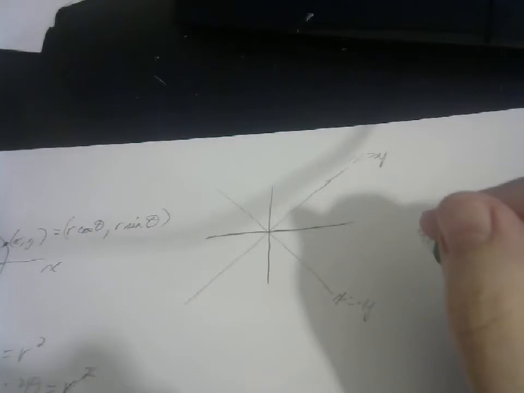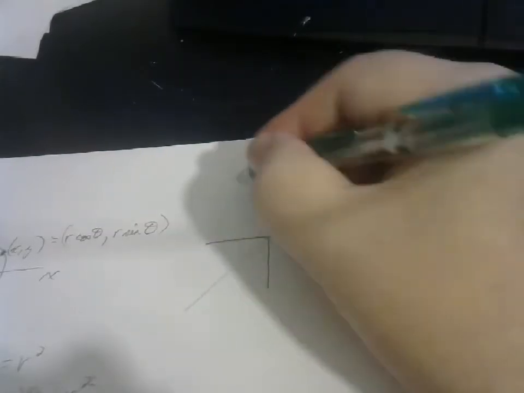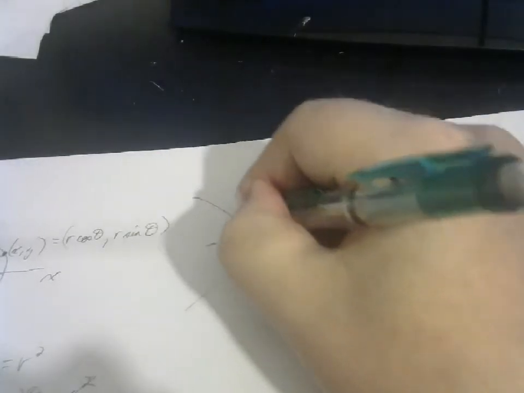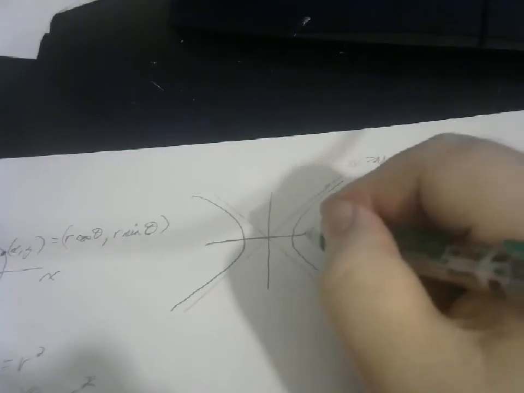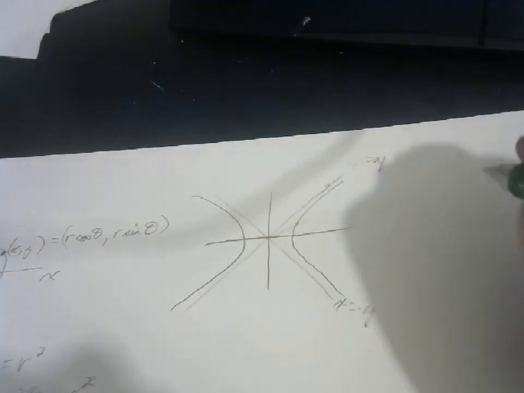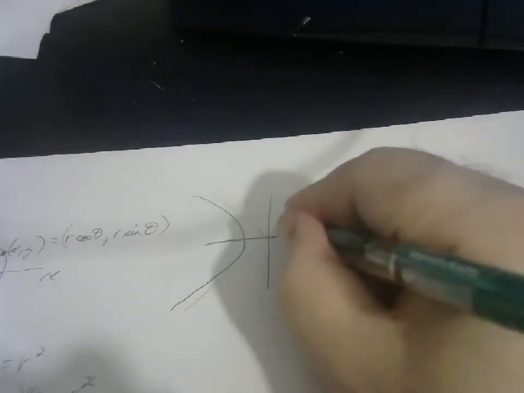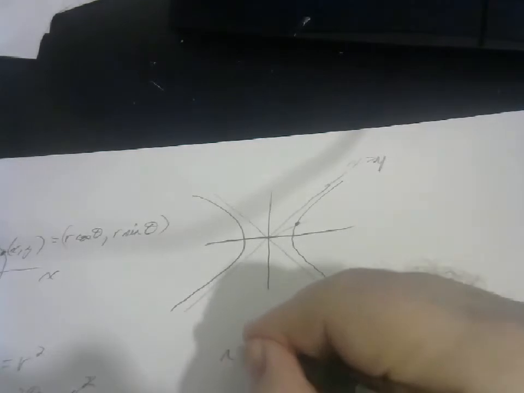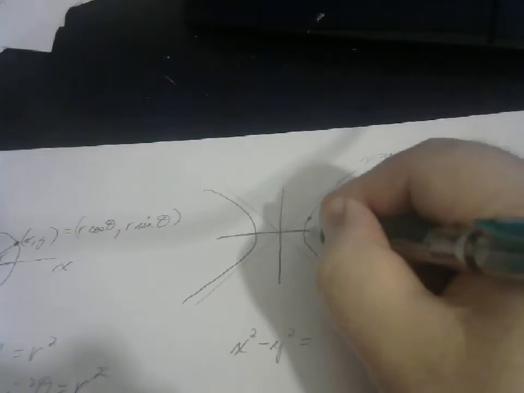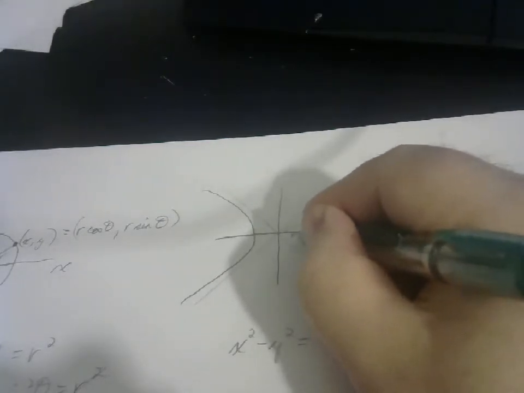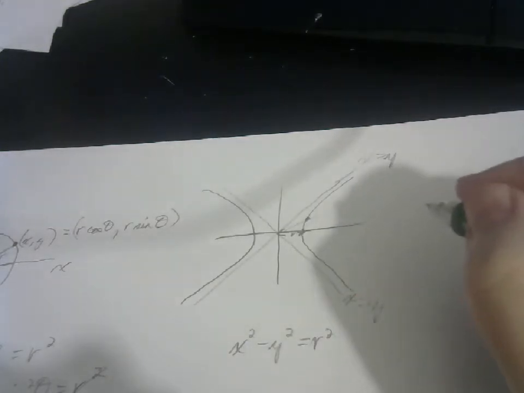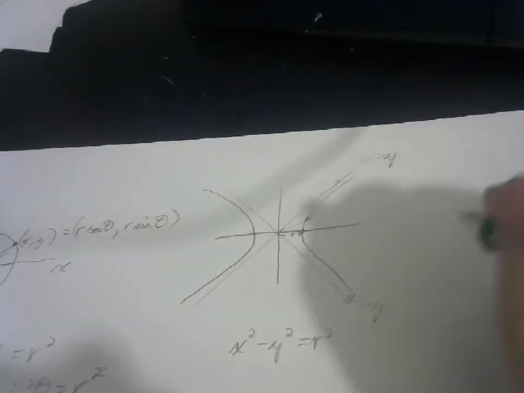Say we pick these two hyperbolas, and what these points have in common is that you go over and you get x squared minus y squared equals, and we'll call this distance r, equals r squared. And that will be the same for all of these.